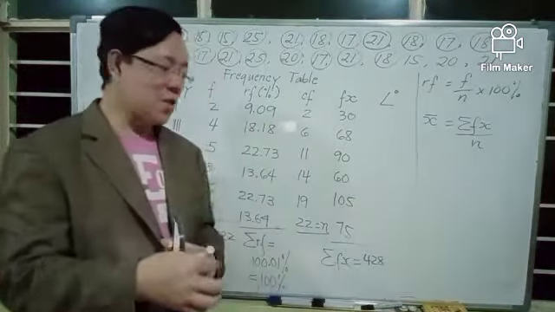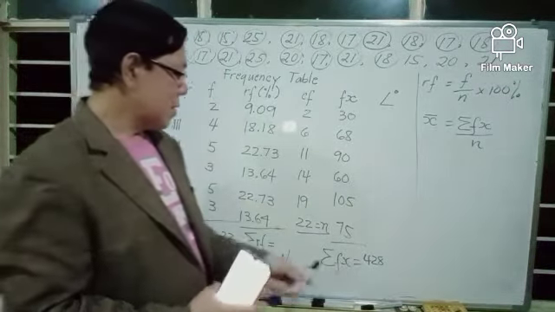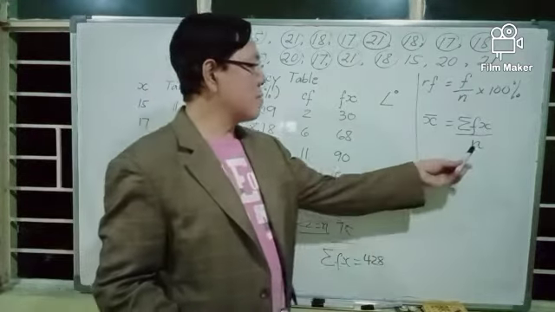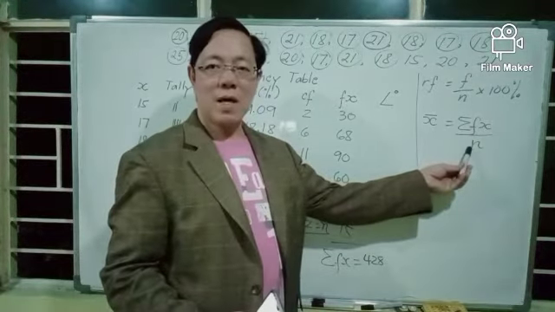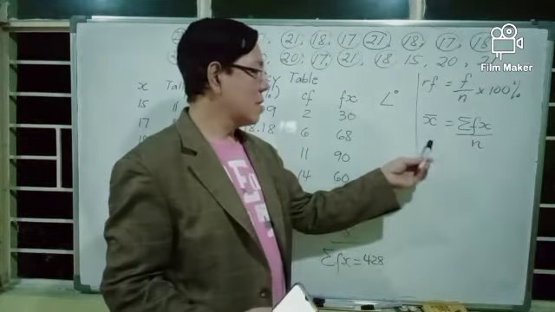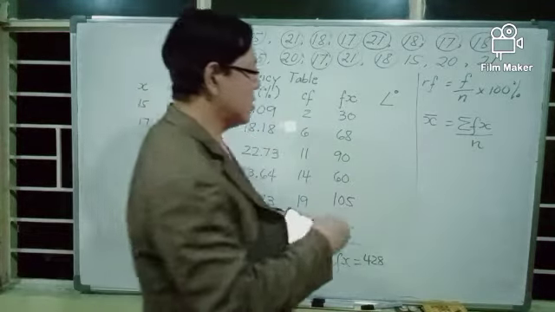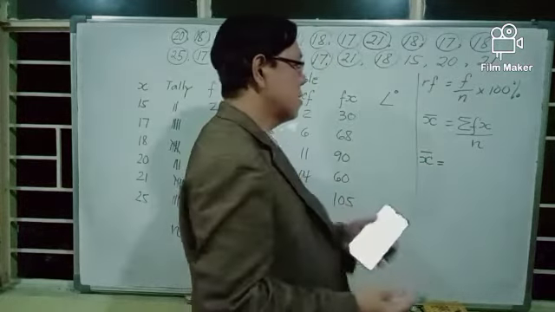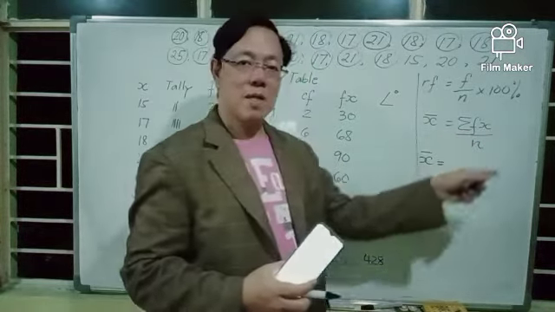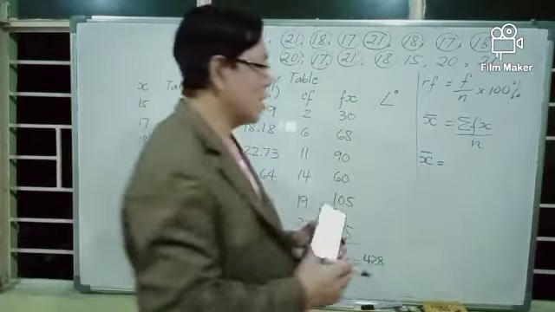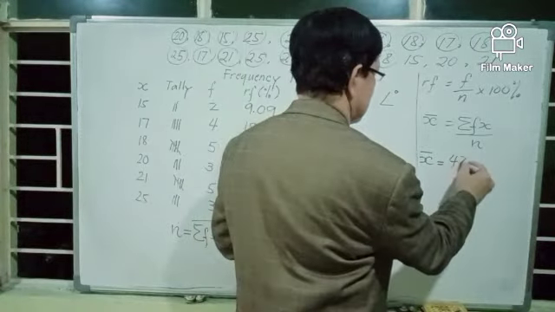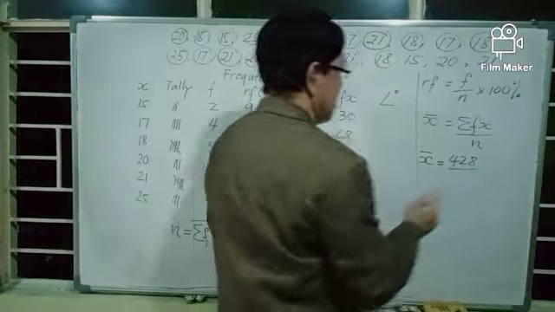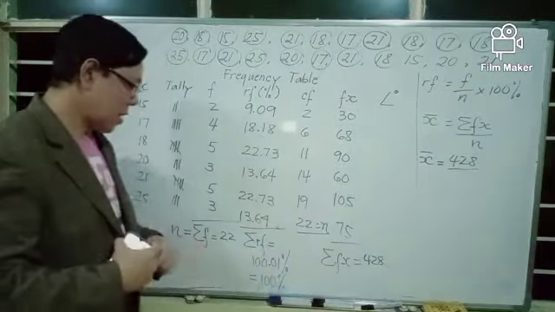The summation of the product fx is divided by n, or the sample size. We now write x bar equals summation of fx, which is 428, divided by the sample size.